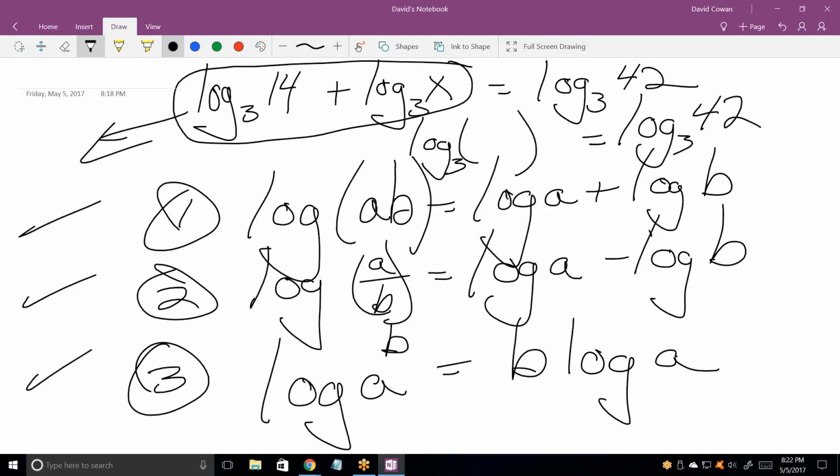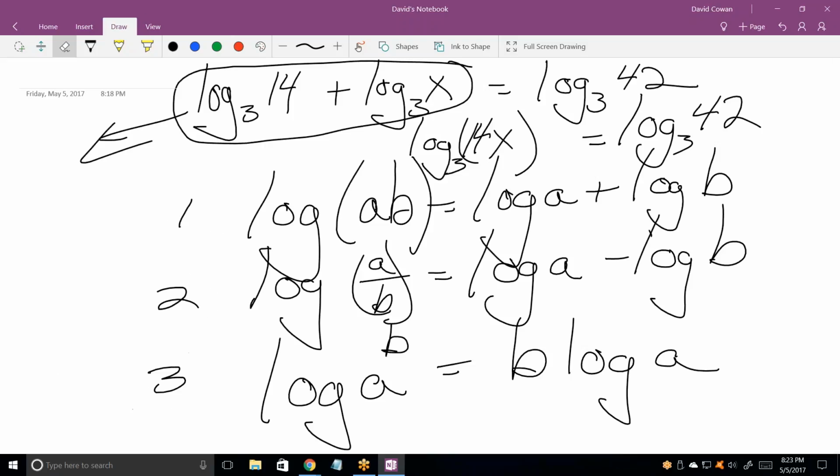Okay, so will it end up being log 3, and then parentheses 14x? Yes. Perfect. Now, I'm going to erase those three rules, although, boy, if you wanted to take a snapshot of any screen, this would be the screen to take it of.